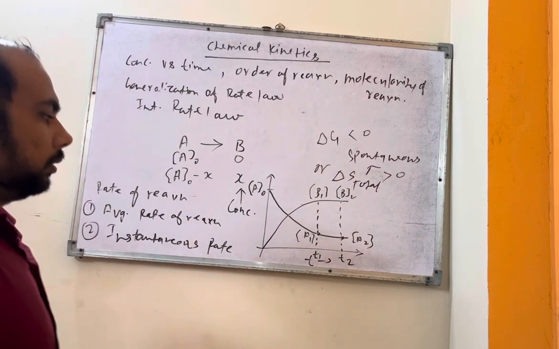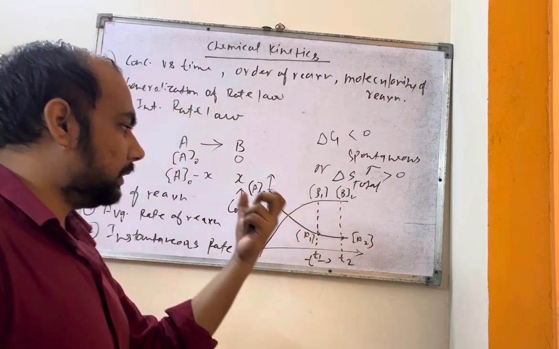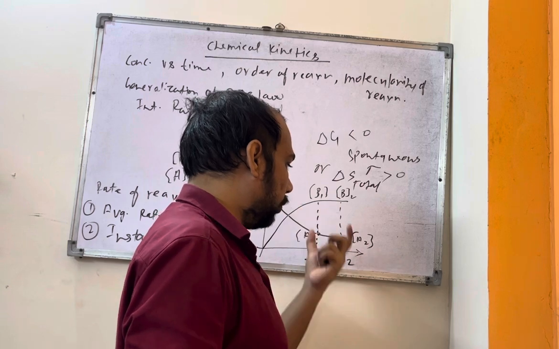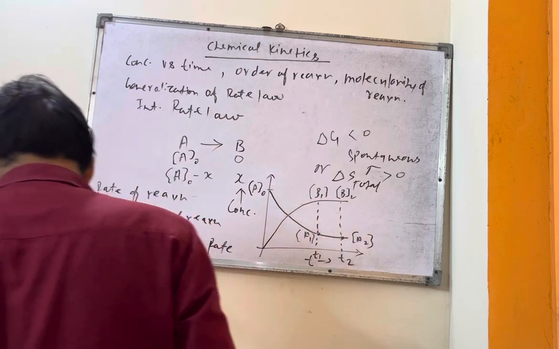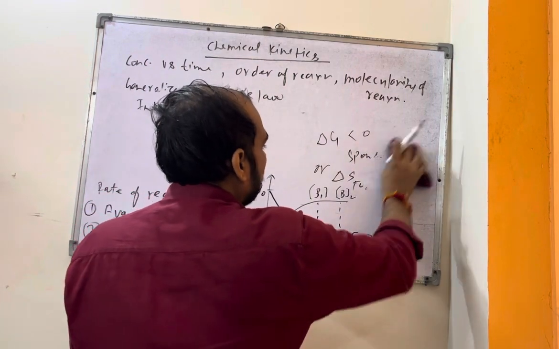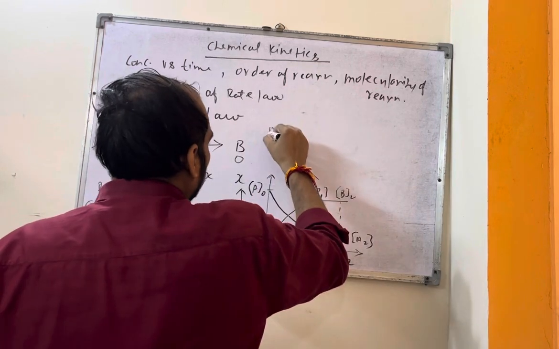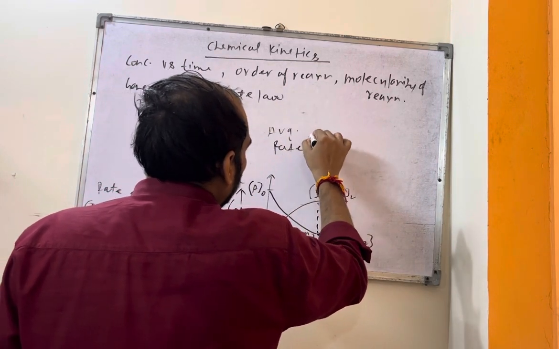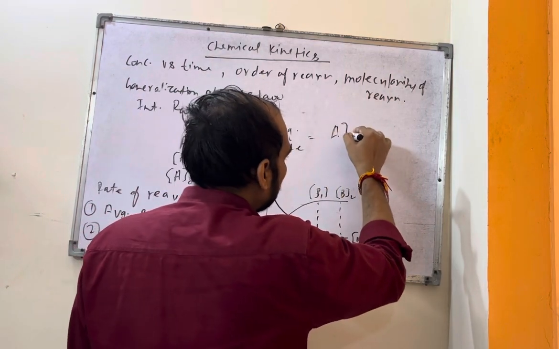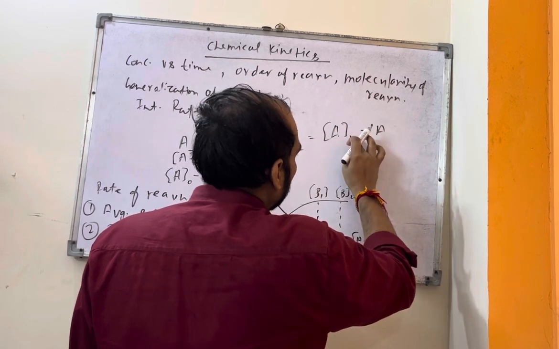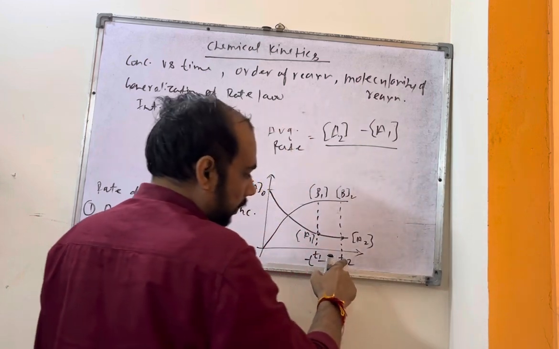So in the time interval from T1 to T2, the change in concentration we are observing is from A1 to A2. So what we can write is that the average rate of reaction will be equal to minus, A2 minus A1, the final concentration, put it inside, divided by T2 minus T1.